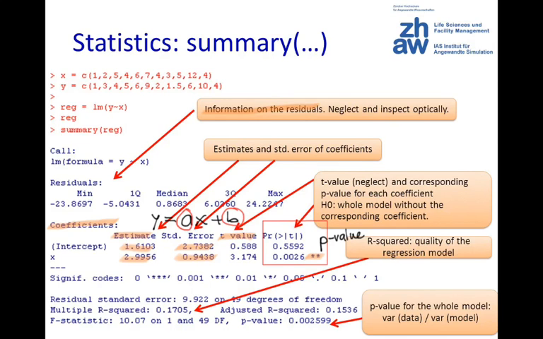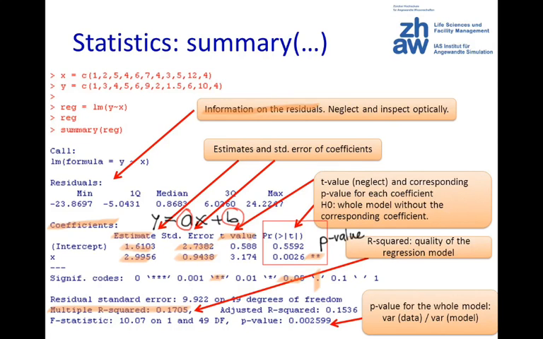The stars that you see here are an abbreviation for so-called significance codes. We usually use the dot for 0.05. Then you have some more information here, on the residual standard error and on the degrees of freedom, which we neglect. What is important, however, is the so-called multiple R squared. This measures the quality of the regression model.